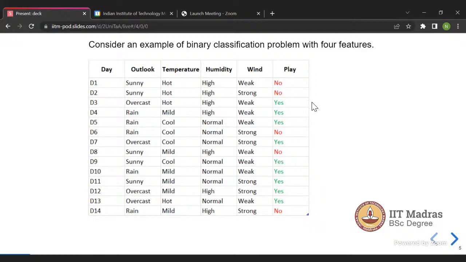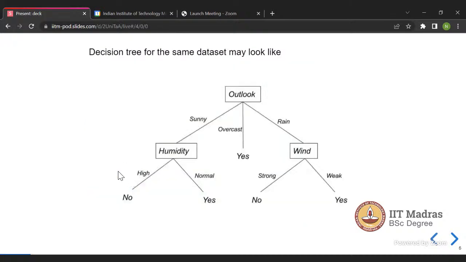So it's a binary classification problem here. And remember, in this case, all the features are categorical as well. For this particular example, a decision tree may look something like that. So how do we train this decision tree? This will be our task in this session.